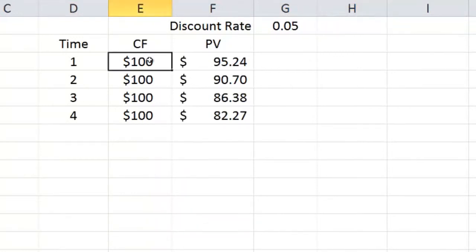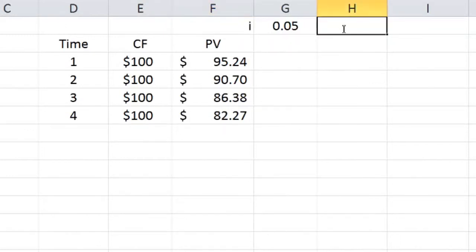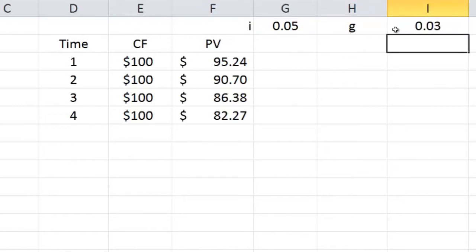Let's start with a cash flow of 100. We have a discount rate, I, which is 5%, and then we have a rate G, and that's the rate at which the cash flows grow. We'll assume that is 3%.